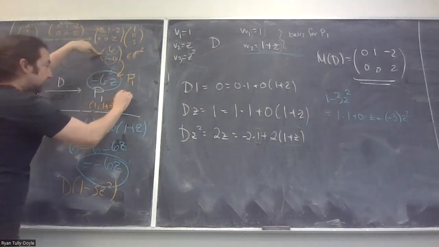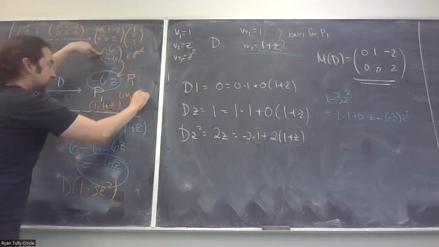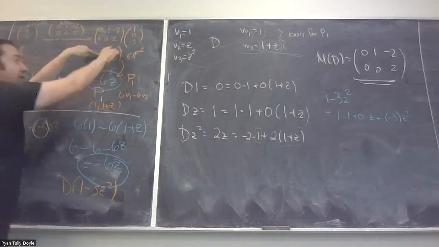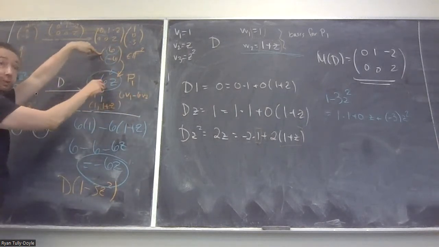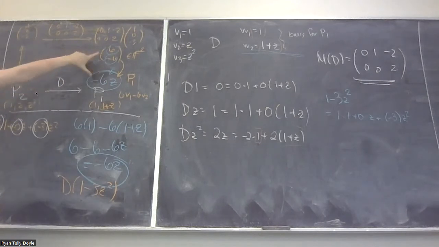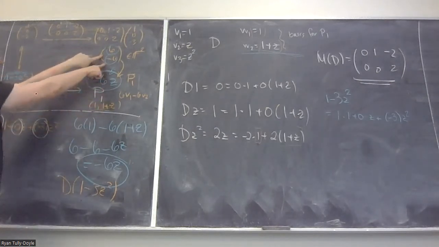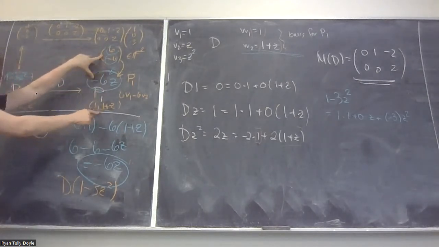That 6v1 minus 6v2 turns this coordinate vector back into the function that it represented. So even though it doesn't look like -6z is the vector 6 minus 6, it is with respect to this basis.